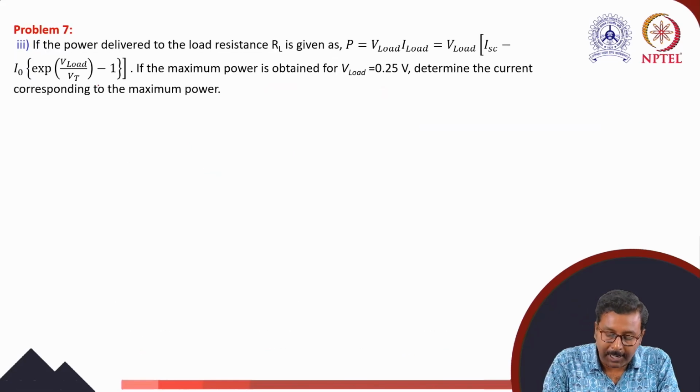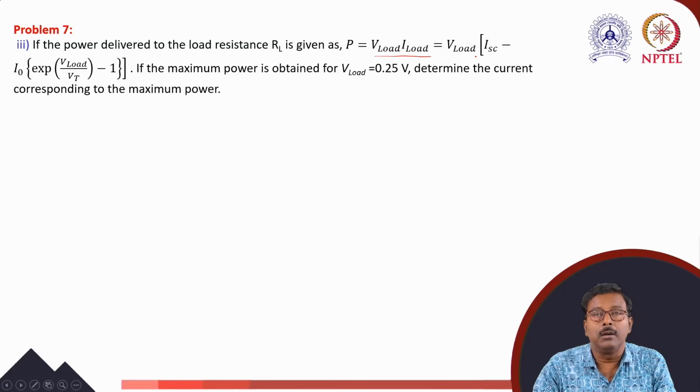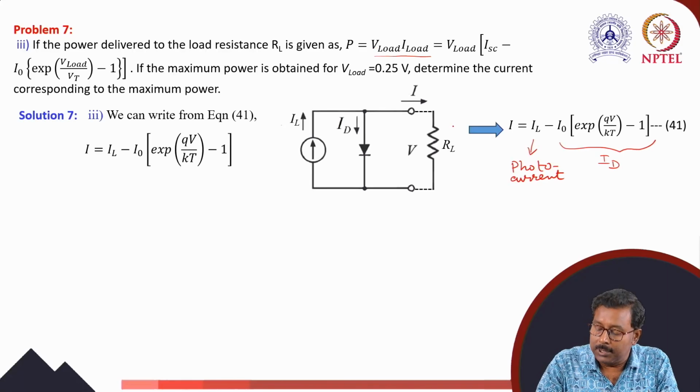And in the third part, the power delivered to the load, V load times I load, where the load resistance RL is connected. You see, this is the load resistance. What is the power? VL into IL. I is connected to the load, and the net current is flowing here.